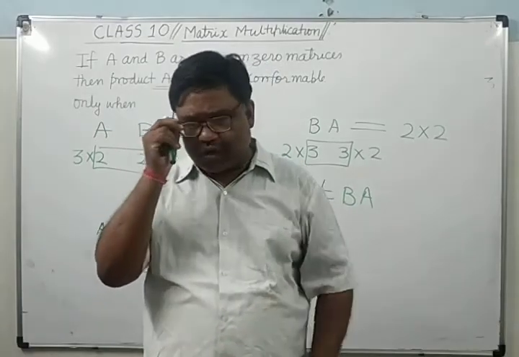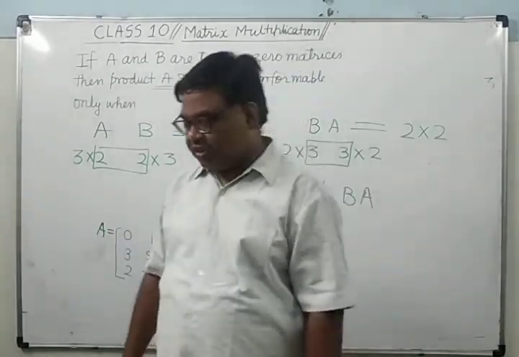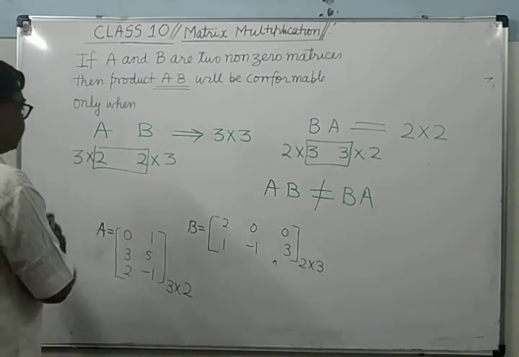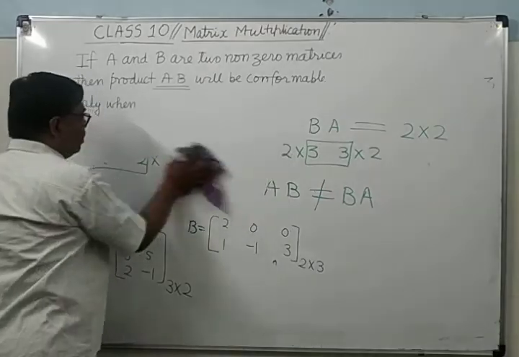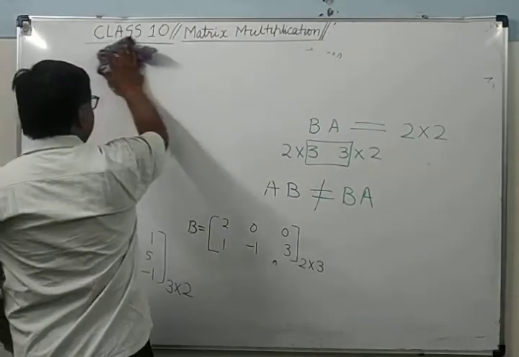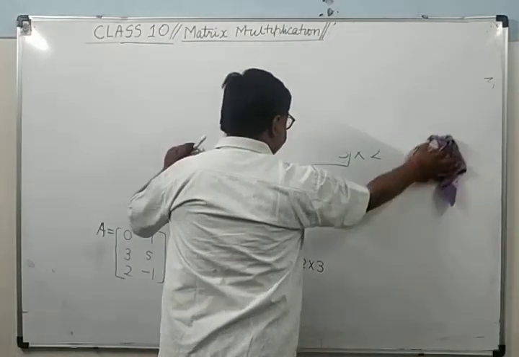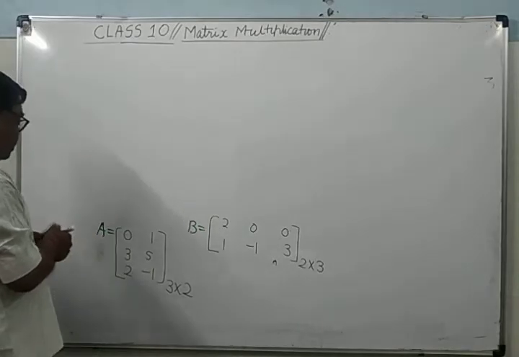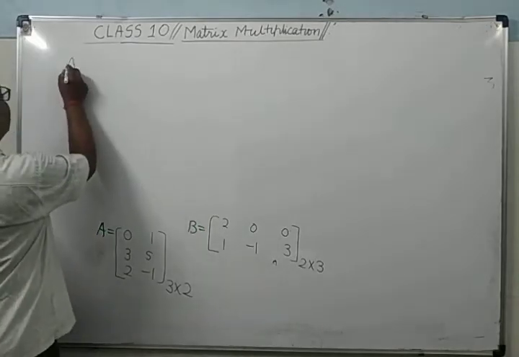Now, how will you find the result matrix? That we will see. I am taking the same example here and finding product AB. That is very simple. You can see here product AB.